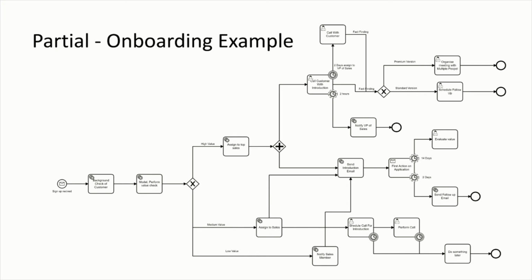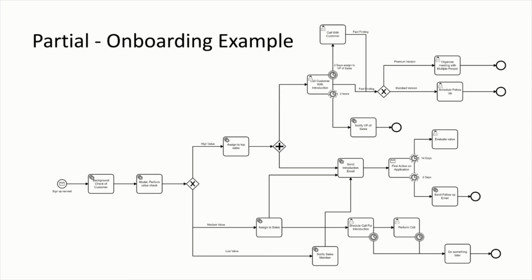But now you're in control of the whole flow. And your salespeople don't need to know the order of things. With this workflow, as I said earlier, you're telling them what to do. So you're saying, okay, salesperson, at this point, you need to do an introduction call. Okay, salesperson, you need to organize a meeting with multiple people now.